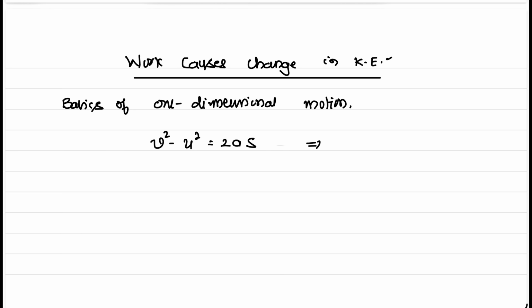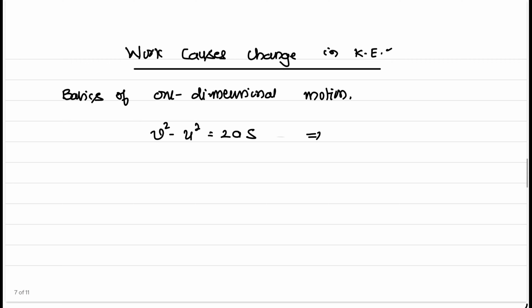What is kinetic energy? V square minus U square is equal to 2AS. Can we write it like this? V square minus U square is equal to 2A dot delta S, where delta S is the change in position.